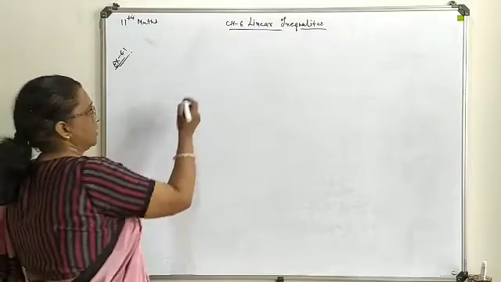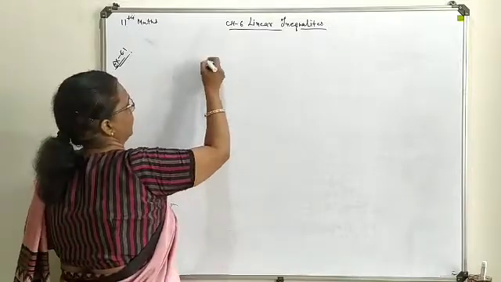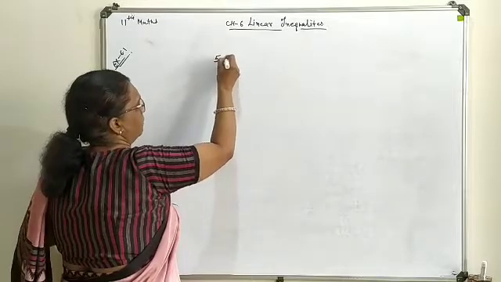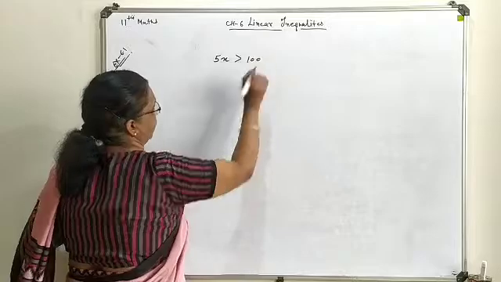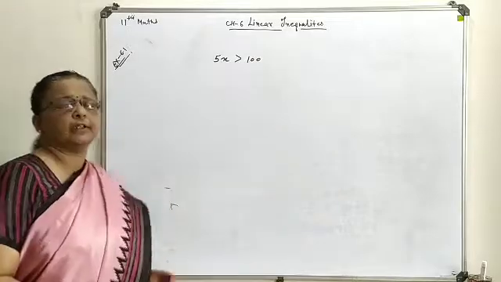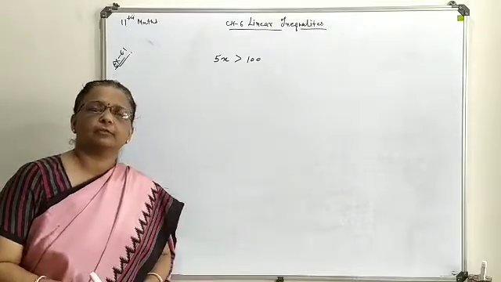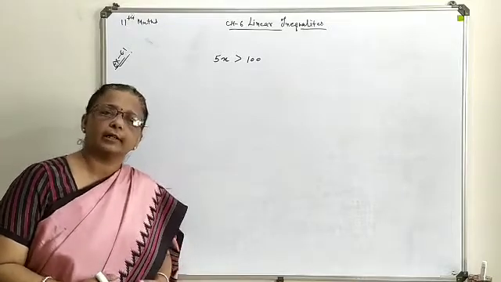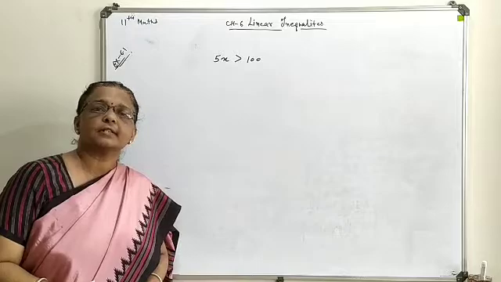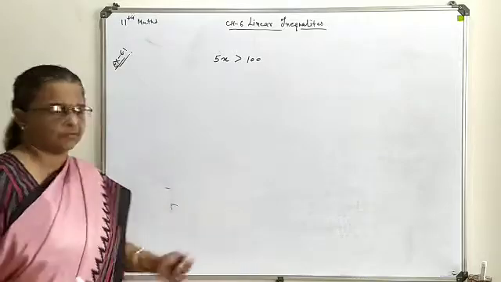Suppose we take one inequality, 5x greater than 100. For this we have to find the solution regarding x. The solution regarding x we know as a set solution, which we will describe afterwards.